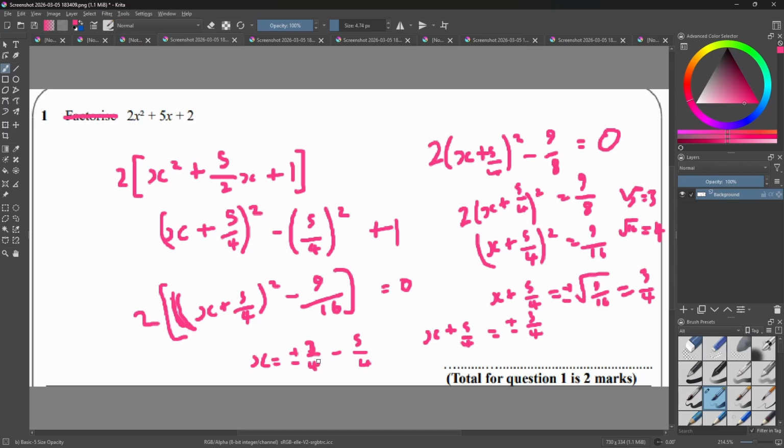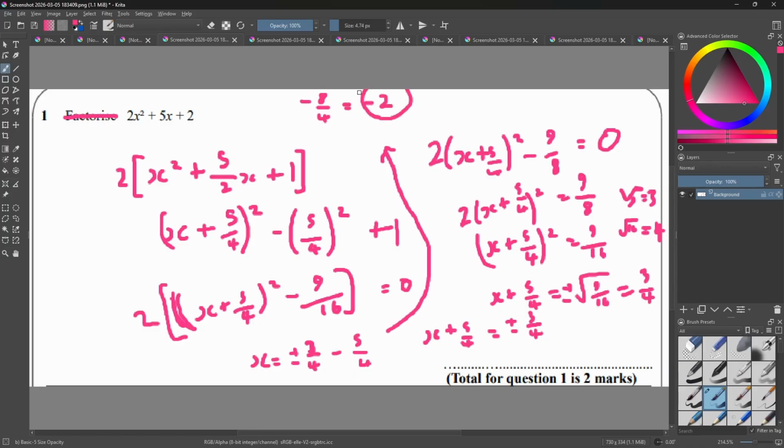But we can work that out further because it's nice and easy and it gives us nice numbers. So I'm running out of space, so I'm going to draw an arrow up here. That was probably a bad call, but minus 3 over 4 minus 5 over 4 gives us minus 8 over 4, which literally just equals minus 2.